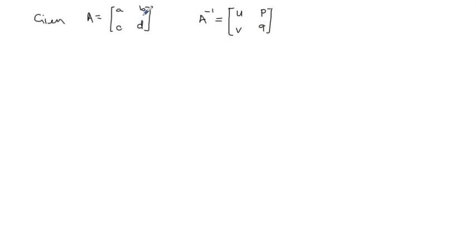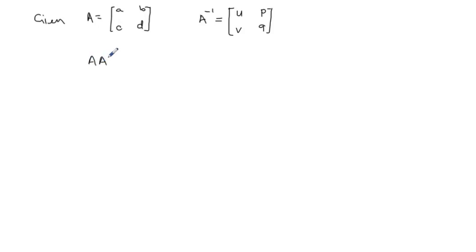So what we know is that if we multiply A by its inverse, we get the identity, and the identity in this case is [1, 0; 0, 1]. Everybody's in agreement with that, isn't it?